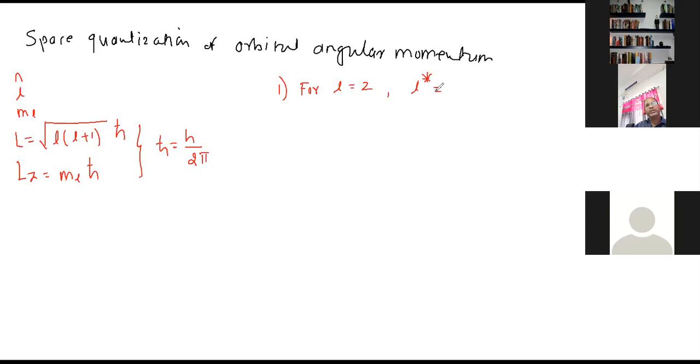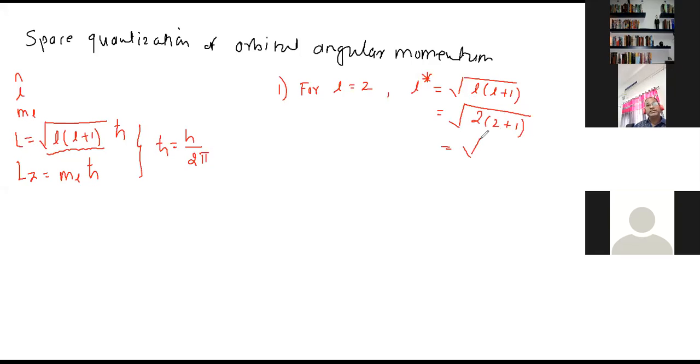So when I want to take the 2, I have to find the magnitude of it, the magnitude of vector L star, which will be what? Square root of l into l plus 1. From where is this L star coming? It is coming from this formula. So we can write this as square root of 2 into 2 plus 1.